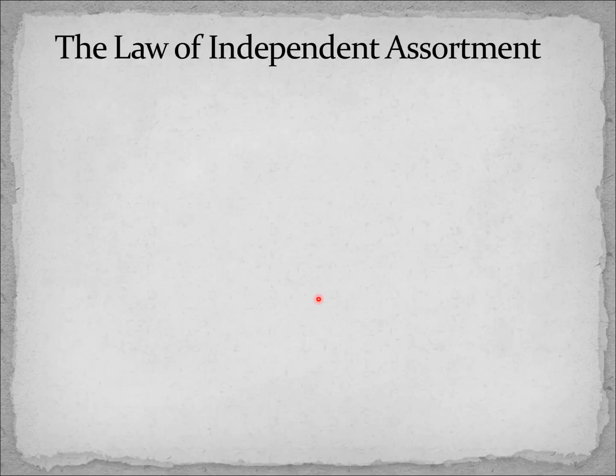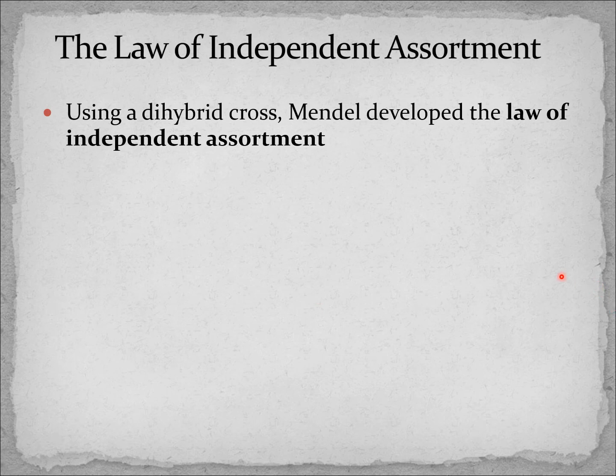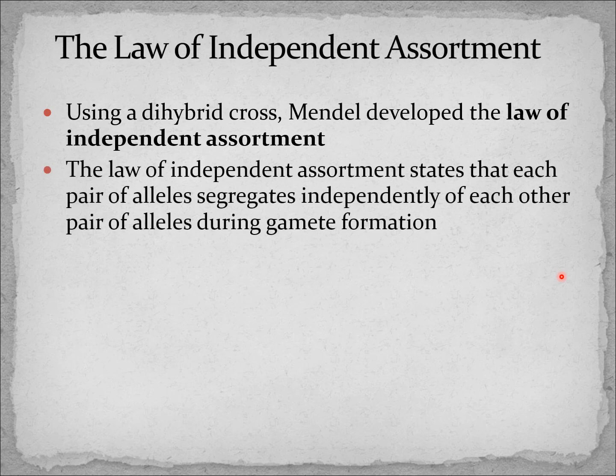So the law of independent assortment, again, using a dihybrid cross, is how Mendel developed this particular law. The law of independent assortment states that each of the pairs of alleles segregate independently of each other during the formation of gametes, or during meiosis.